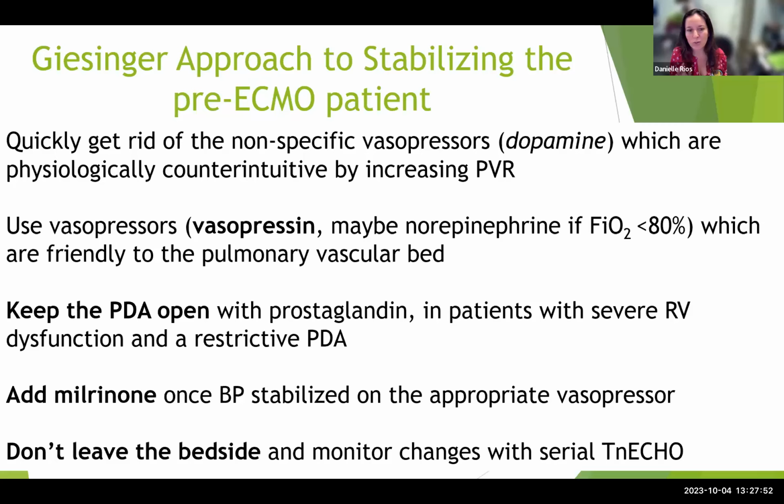She'd keep the PDA open. She'd add in milrinone once she got the baby stabilized and the blood pressure was in an appropriate range. And she would literally sit at the bedside and monitor all these changes with serial TnECHO until she felt confident that we had avoided ECMO. She was very good at that.